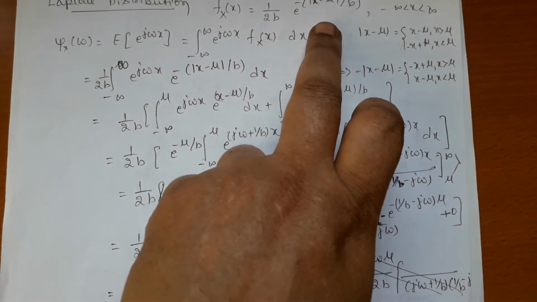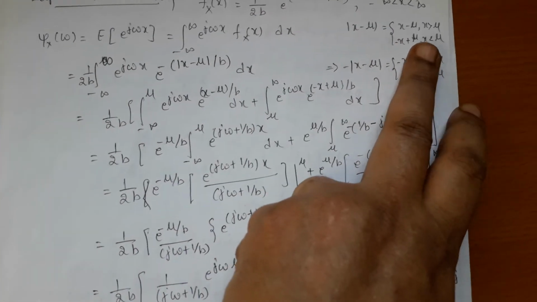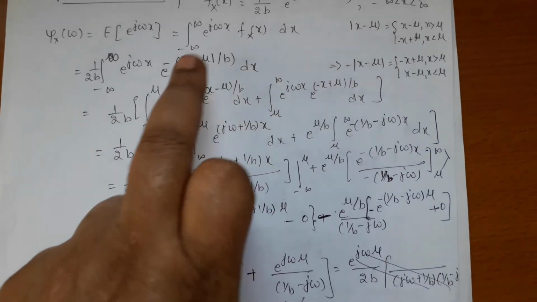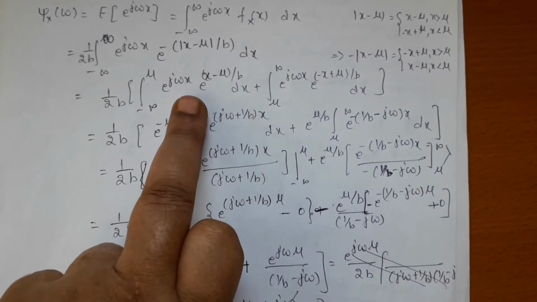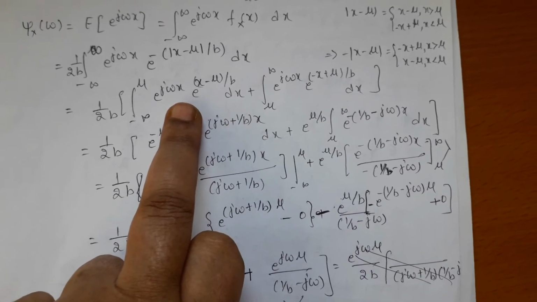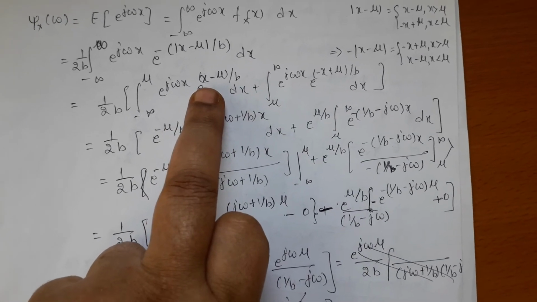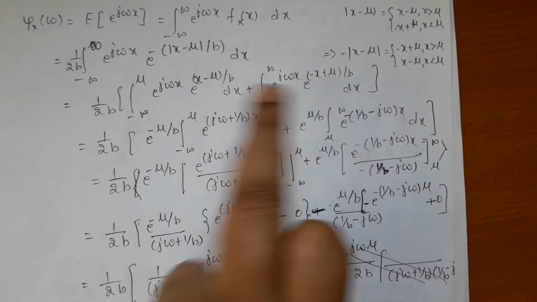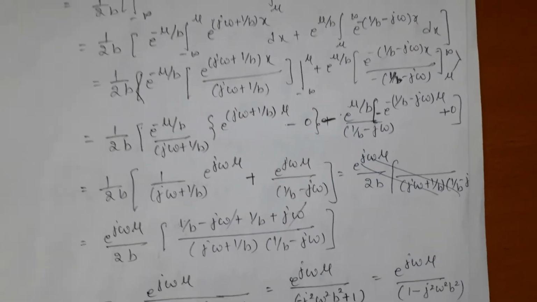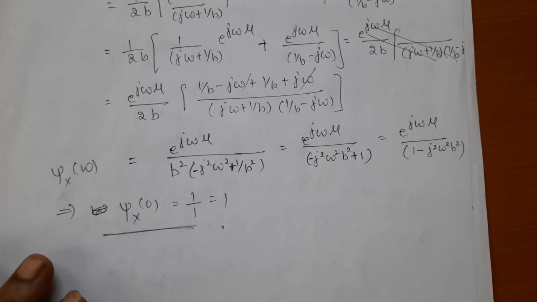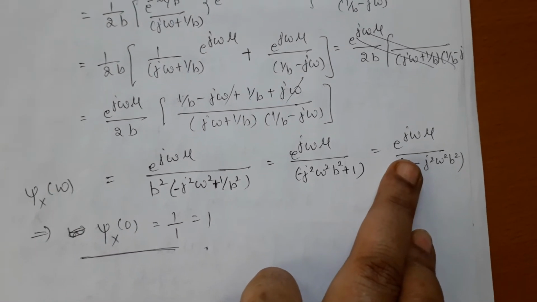You substitute the density here, and also you take x greater than mu and less than mu. You split the integral into minus infinity to mu and mu to infinity. We already discussed this in my previous video, and then you replace it. For x greater than mu and less than mu, add up the indices, integrate, and apply the limits. Finally, we get the characteristic function for Laplace.